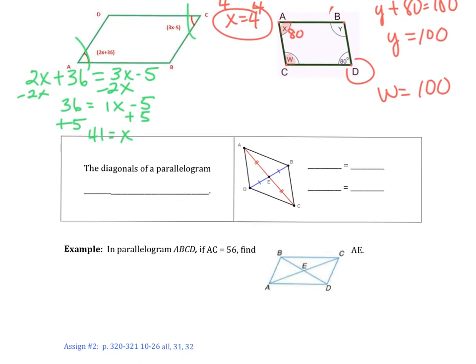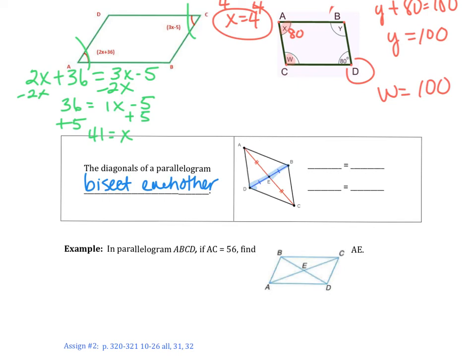Moving on to some more definitions here. Diagonals of a parallelogram are going to bisect each other. So again, those markings are over here on the parallelogram. Those diagonals bisect each other.